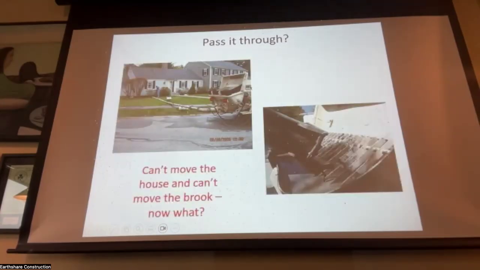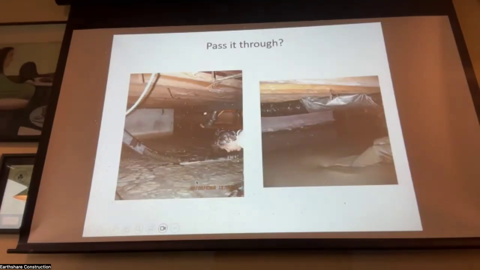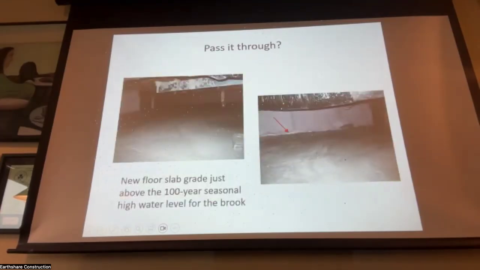The ready mix people came and brought a fly ash slurry, and we pumped that into the crawl spaces and raised the finished level of the floor above that water height. Here it is as it's going in, here it is as it's being leveled, and here's the finished crawl space.